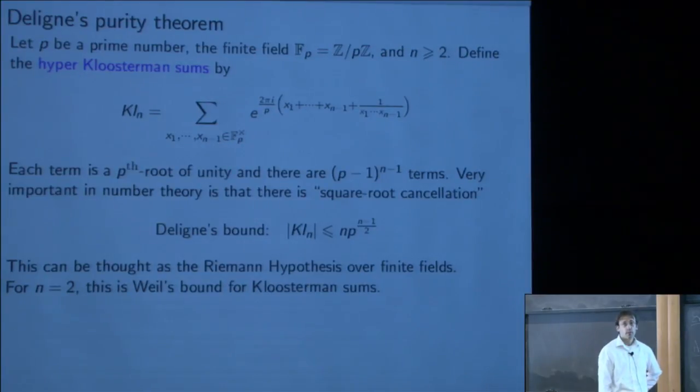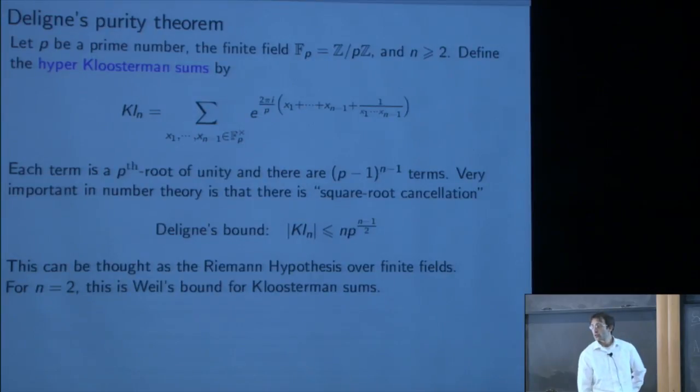You have roughly p to the power n minus 1 terms. And a very classical and very important result due to Deligne is that the size of this sum is actually the square root of the number of terms, roughly. So precisely, it's at most n times p to the (n minus 1) over 2.